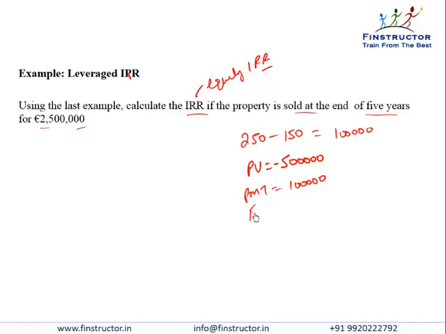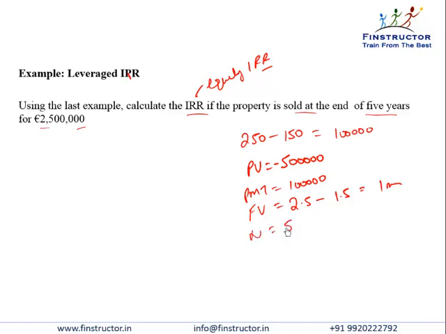In the future, we additionally get 2.5 million, of which a part has to be paid to repay the loan because it was an interest-only loan. So the entire 1.5 million loan is still outstanding. So 1 million is what comes back to us after repayment of the loan. 500,000 we invested ourselves and 1.5 million is the loan that we had taken. So FV comes out to be 1 million.